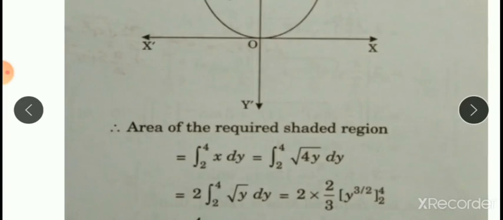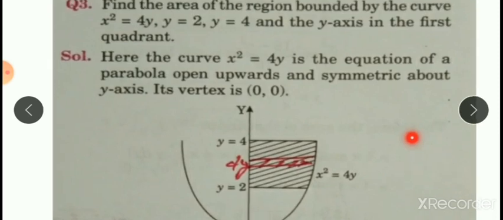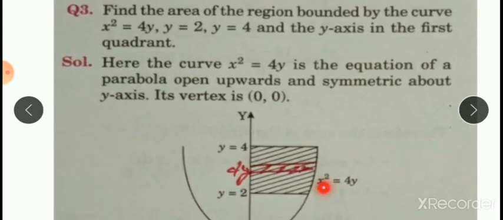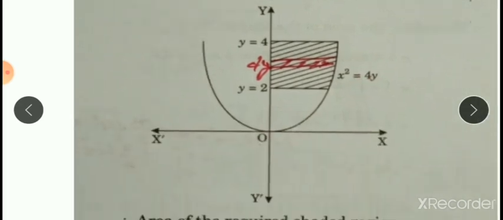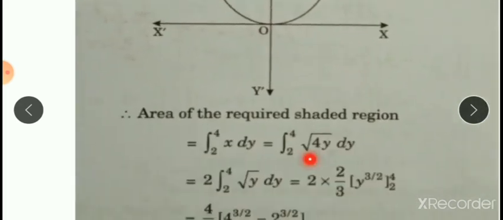Then our required area is integrate 2 to 4 x dy, that is 2 to 4 under root 4y. From where are we getting under root 4y? X square is equal to 4y, means x is equal to root 4y. Here root 4y is 2 root y, so integration 2 to 4 root y.